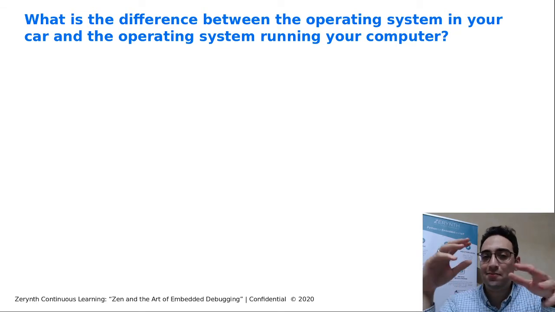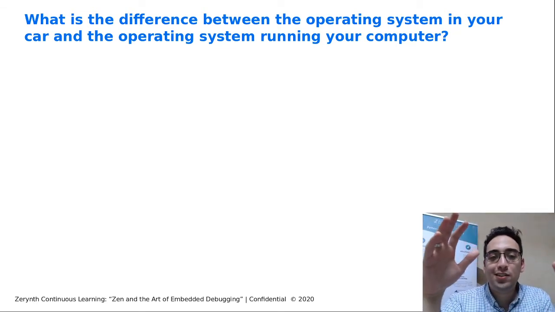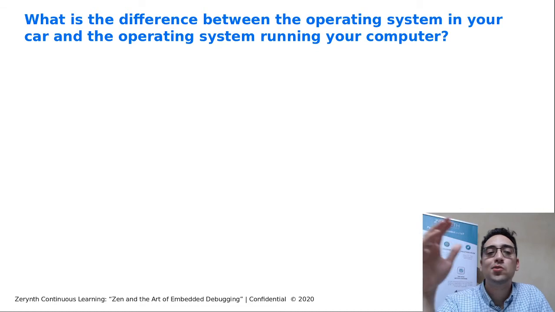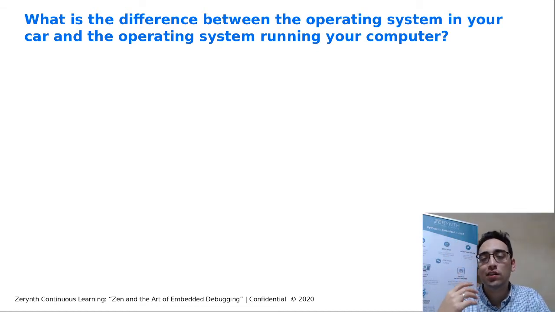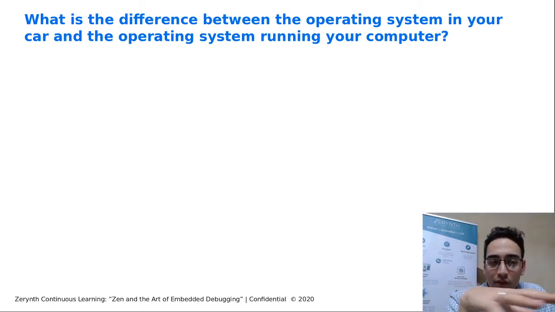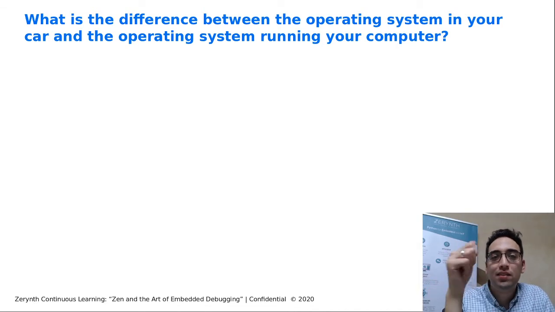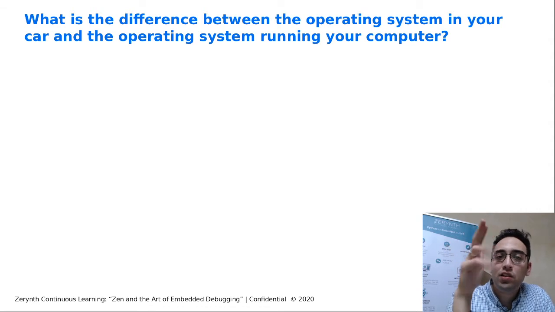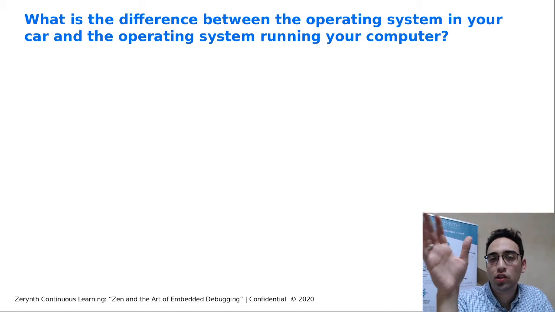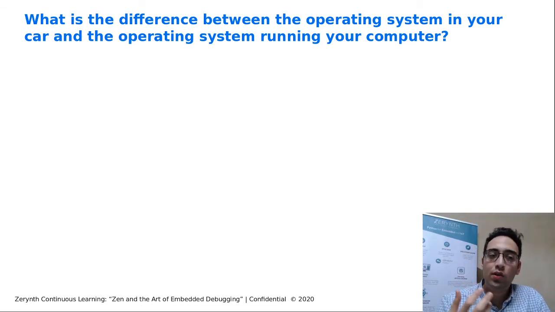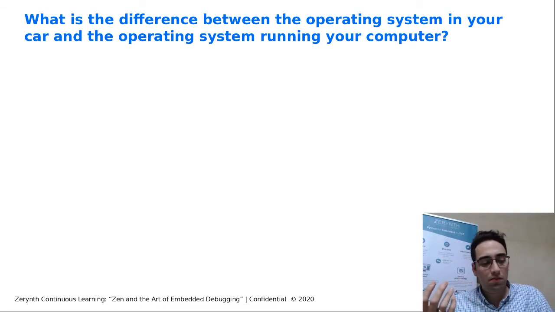What are the differences between the operating systems on cars and on automotive devices? The operating system that runs the adaptive cruise control, which makes the car typically stick to one lane, for example, in modern cars, etc. What's the difference between those and the operating system on your PC, for instance?